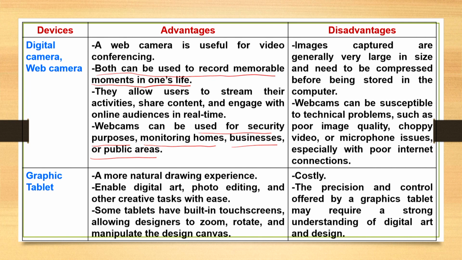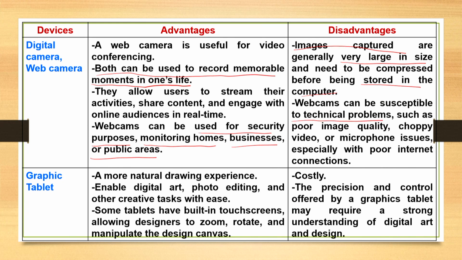But it has some limitations also. Images captured are generally very large in size. So, that needs to be compressed before being stored in the computer. Second limitation is what? Web camera can be susceptible to technical problems.